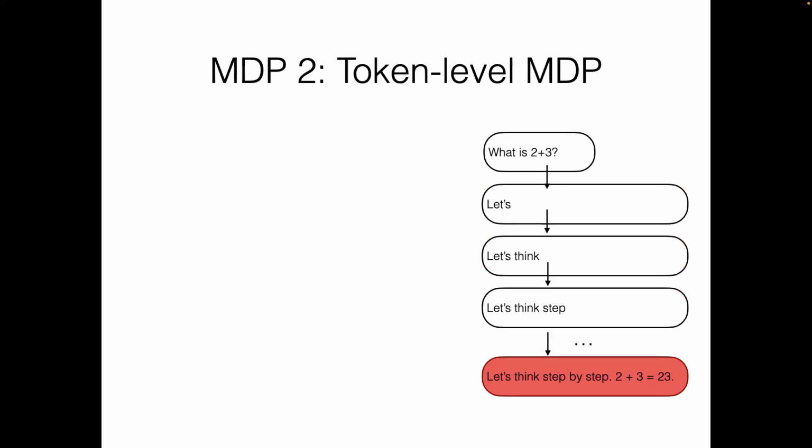I introduced this in the last lecture: you could also view each token as being an action. So maybe we could call this a token-level MDP. Here the state is the prompt and the tokens that you've generated so far. So here are some intermediate states being shown.